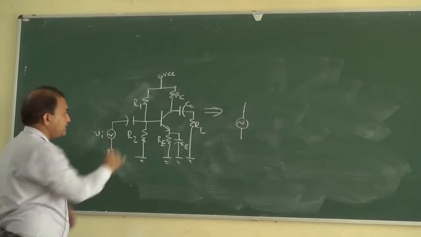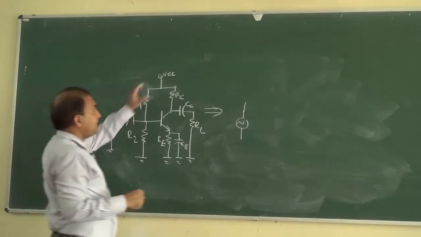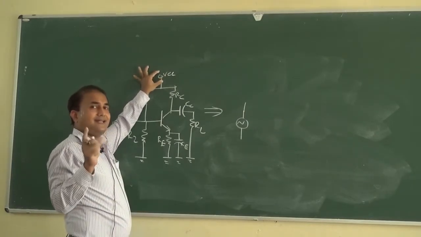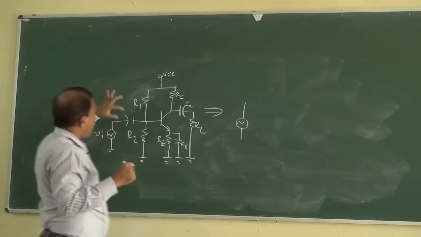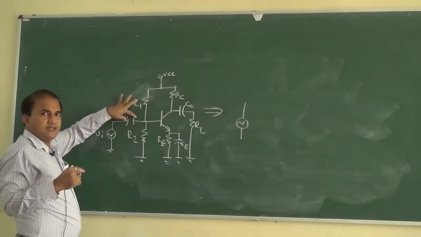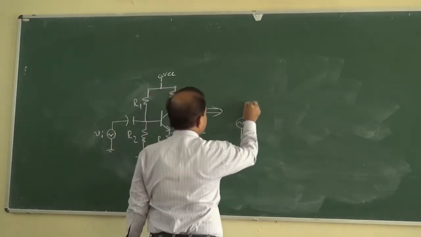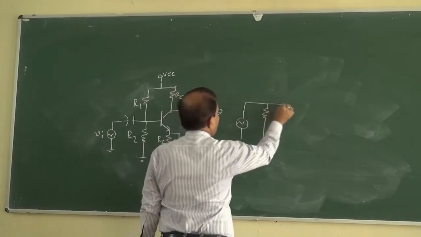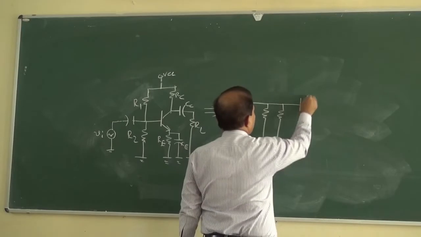For the AC equivalent, we have to short the capacitors and connect ground at the VCC. So all the DC voltage sources have to be replaced with ground and the capacitors have to be shorted. Okay, so it will look like this.